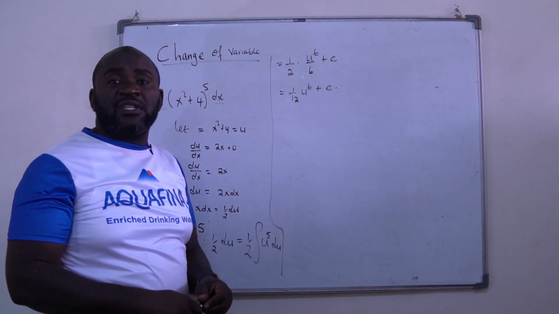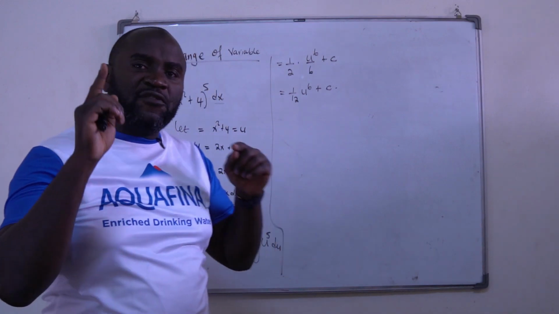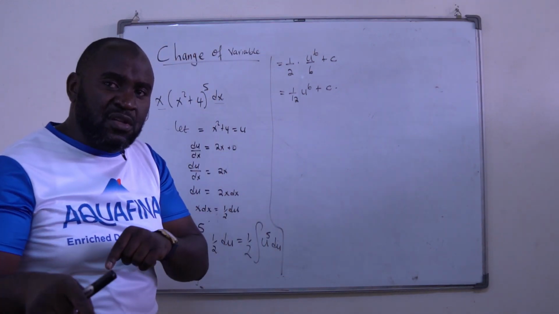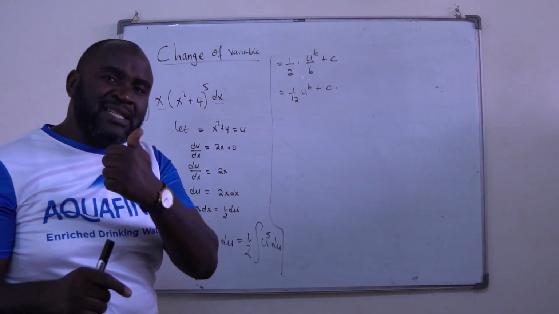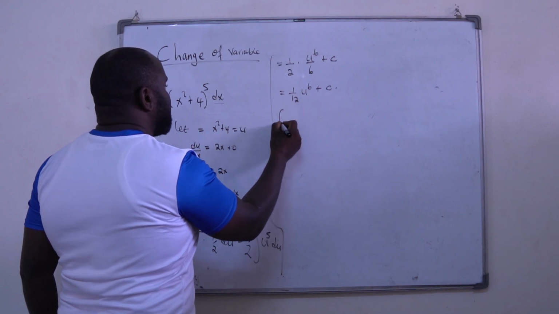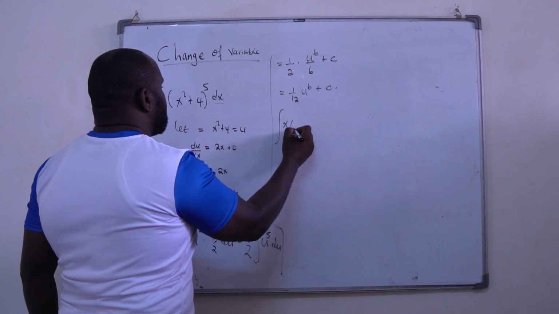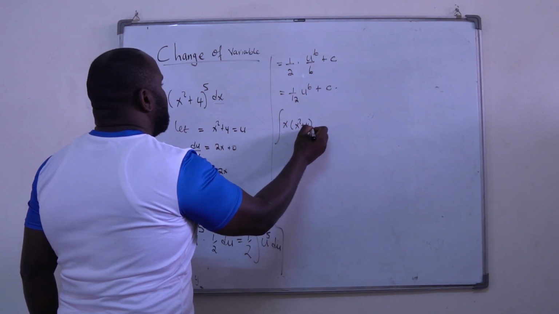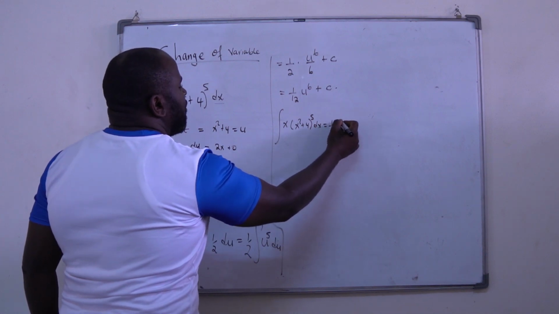But the question was not given in terms of u. The question was given in terms of x. So you have to bring back what was given in the question and resubstitute it. You rechange the variable again by bringing back what was given. So the integral of x into x squared plus 4 to the power 5 dx is going to be 1 out of 12 of u.